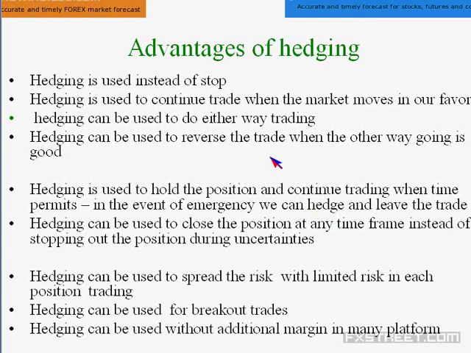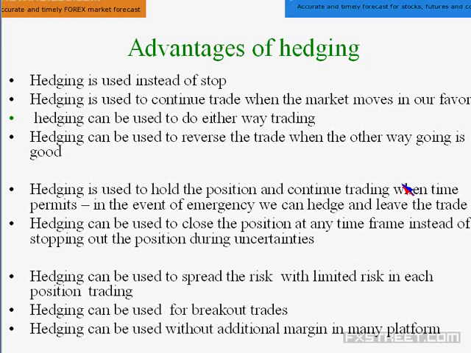Instead, if you use hedging, if it is hedged, fine, let the market go anywhere it wants. After giving the solution for the emergency, you can come back on the third day or the fourth day and continue to trade. If you find that the trading is no good and the market has gone far away from your original position, then you can simply close the original position with the hedging, accepting a 30 pips loss.